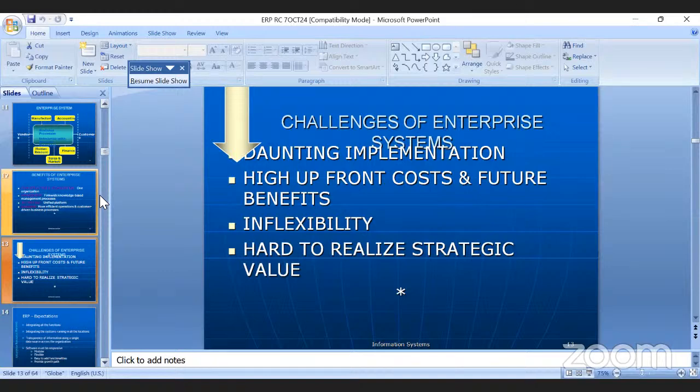Along with the cost of ownership, you have to buy the hardware, database, consulting fees, and training for the employees. There may be personnel costs attached. So implementation may cost 5 to 6 times the software cost.